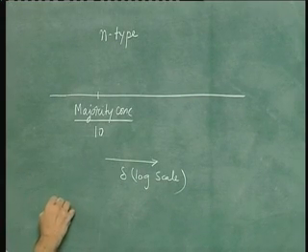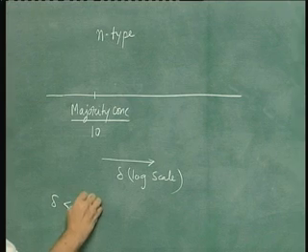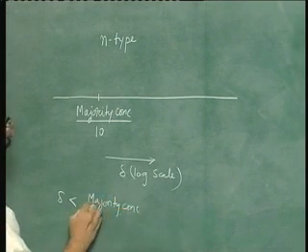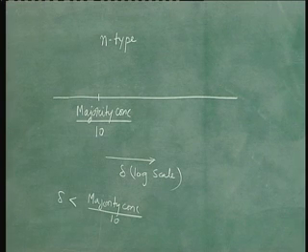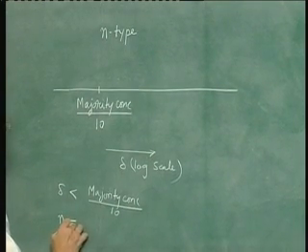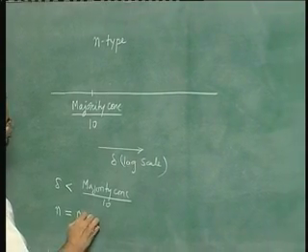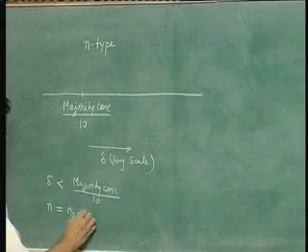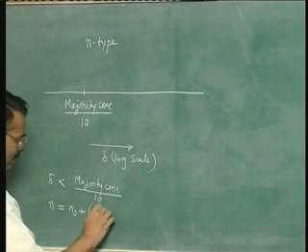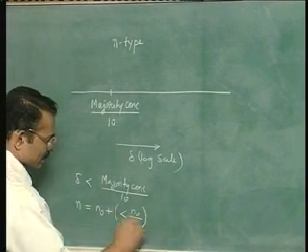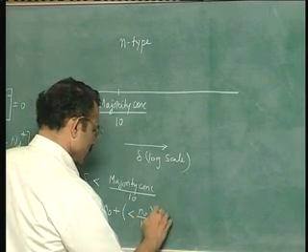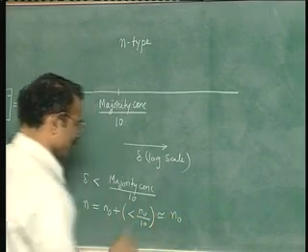For delta less than majority carrier concentration by 10, we have n is equal to n naught plus delta, which is a quantity less than n naught by 10, because n naught is the majority carrier concentration, so n is approximately n naught itself.